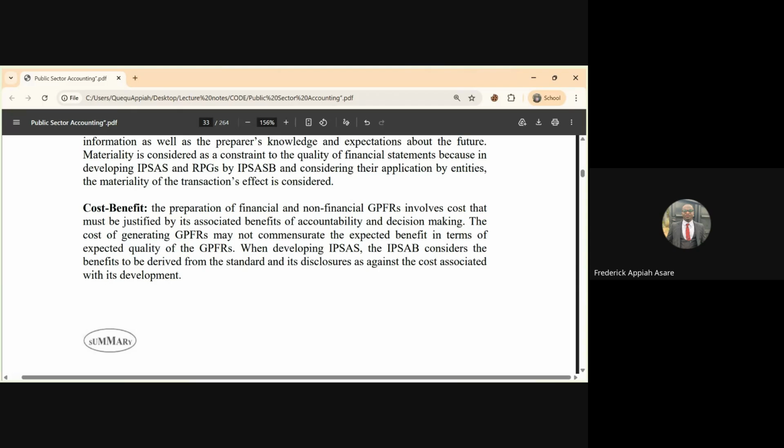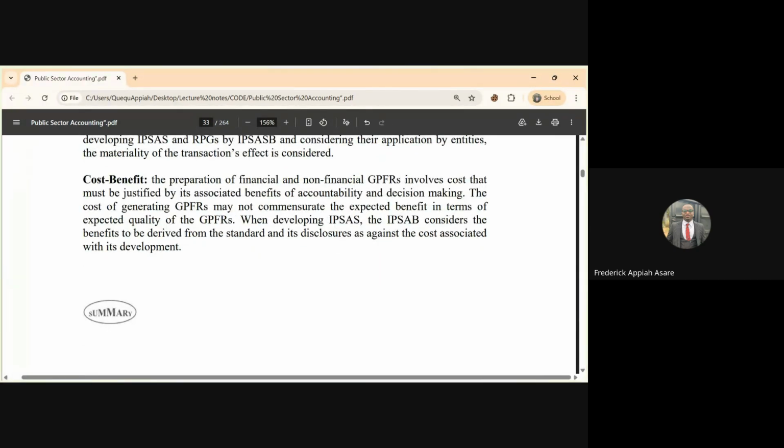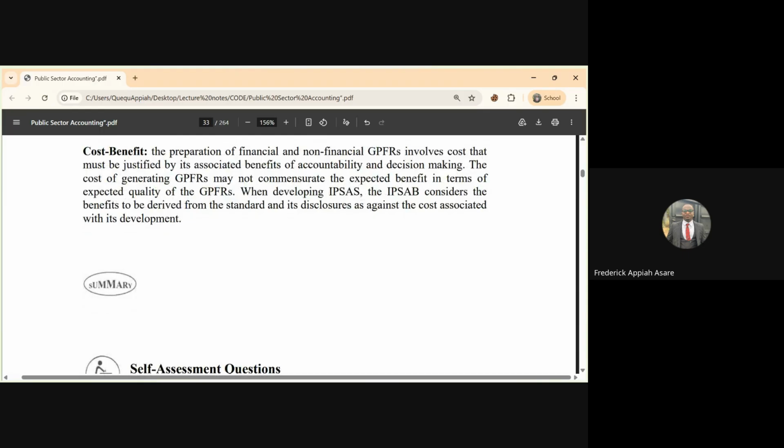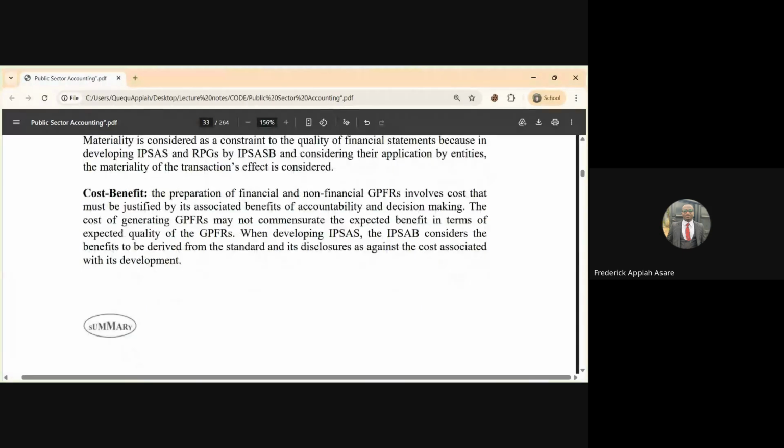And also cost-benefit. The preparation of general purpose financial reporting involves costs and must be justified by its associated benefit of accountability and decision making. The cost of generating this may not commensurate with the expected benefit. So another constraint is the issue of cost and benefit analysis. Sometimes the benefit must be more than the cost you have incurred.